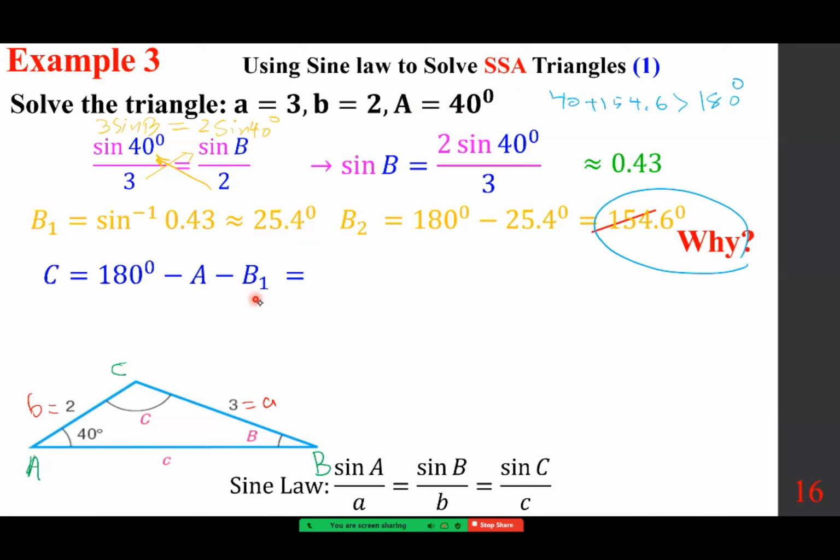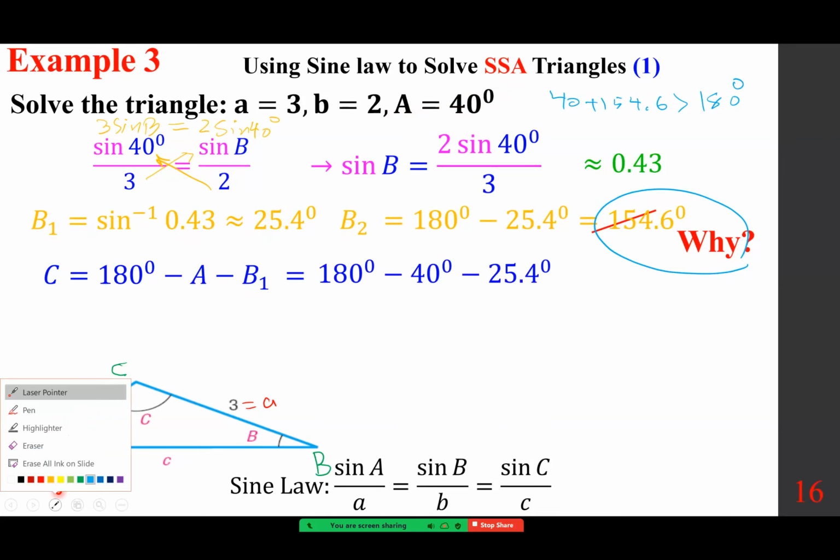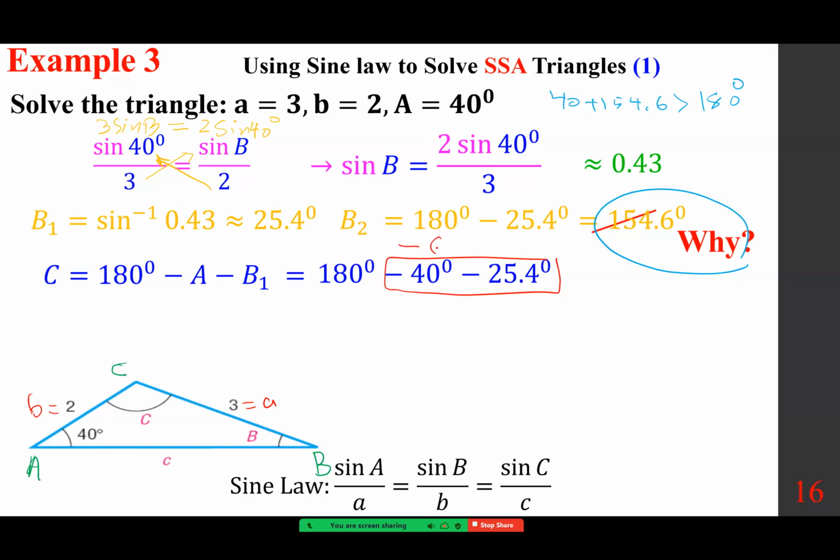We are using B1 only. 180 minus 65.4 degrees is 114.6 degrees. So we have all the angles. We have A, we have B or B1, and we have C.